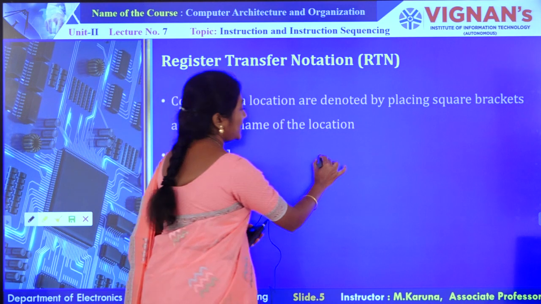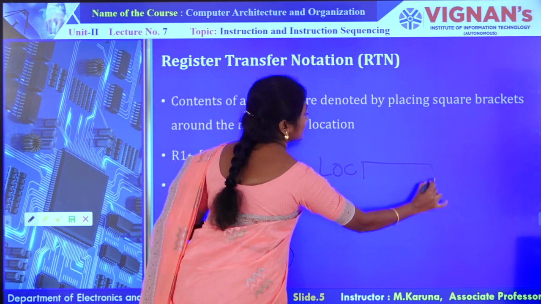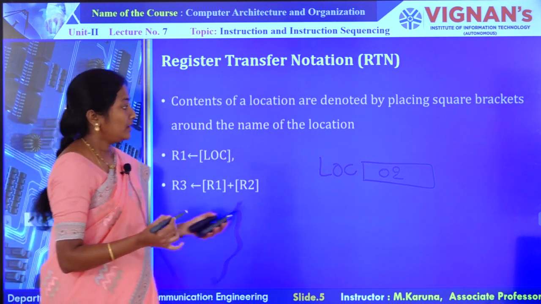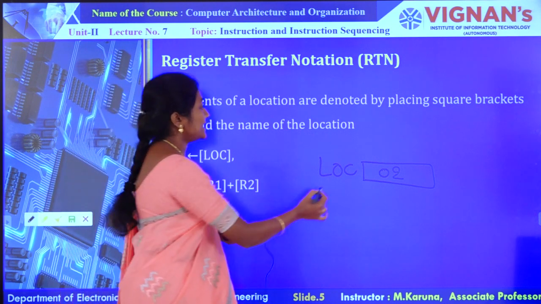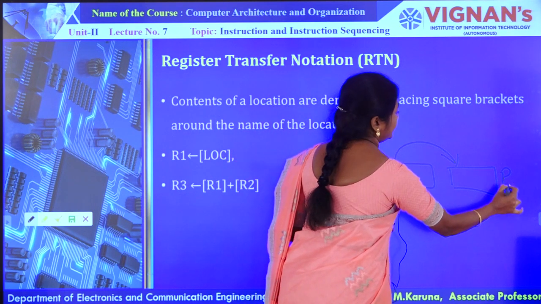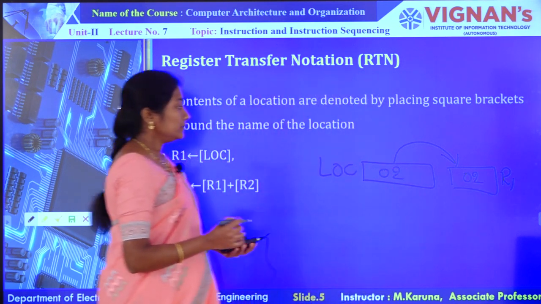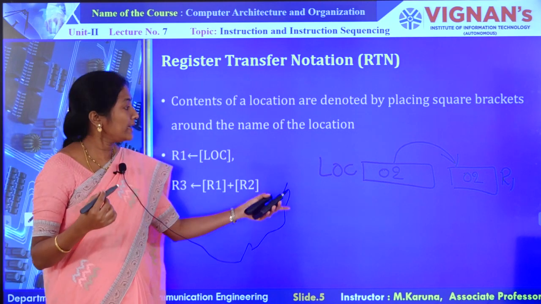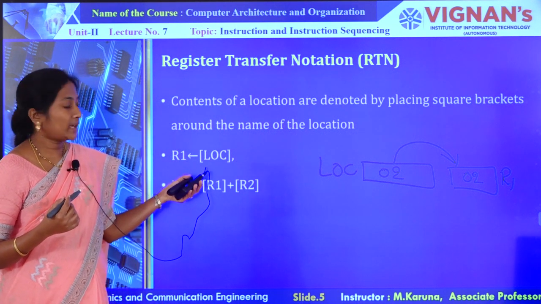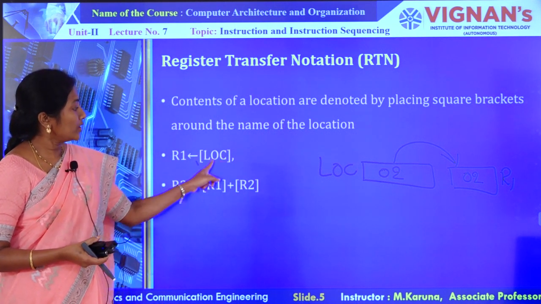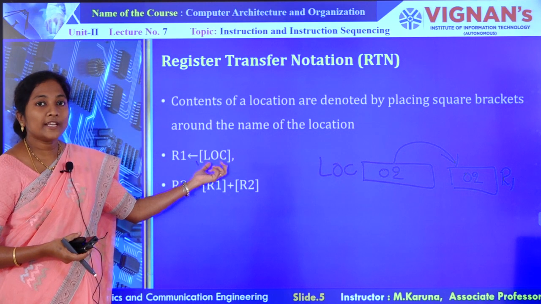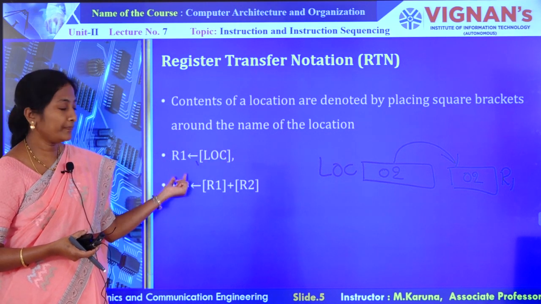For example, the data in the memory location labeled LOC will be transferred to R1. So that operation is specified by this notation. Here square brackets are used around the label, so the content of the memory location pointed to by the label is transferred to R1.